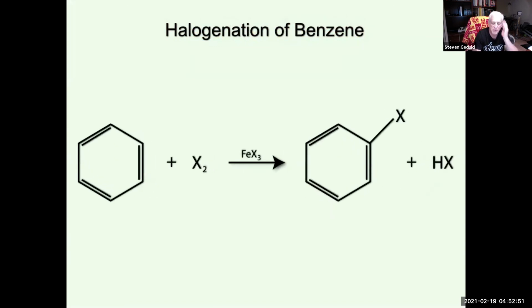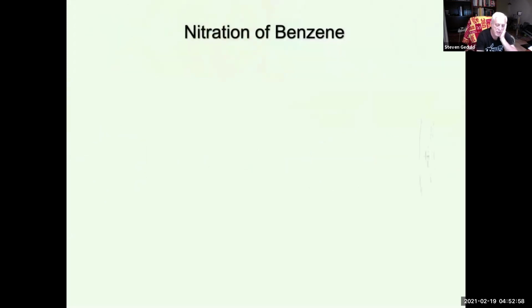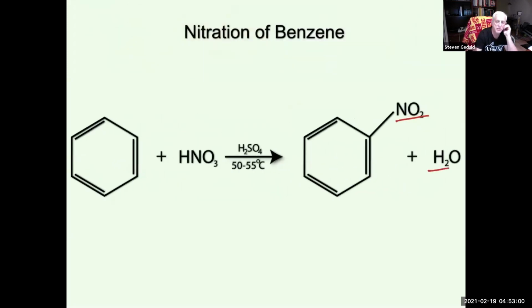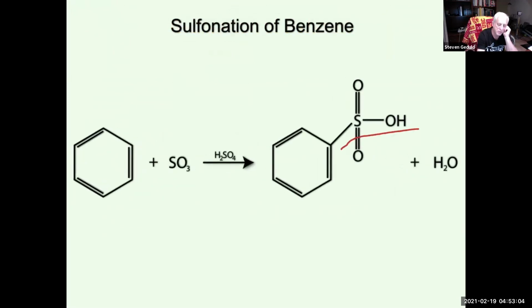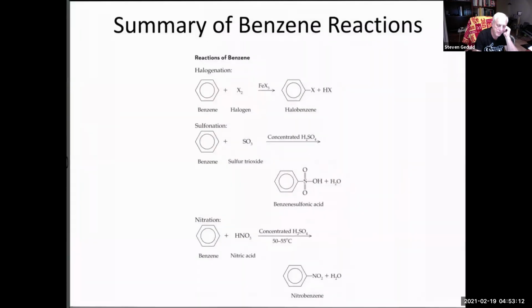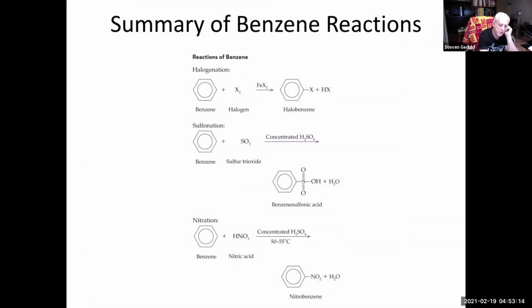And the halogenation of benzene, replace it with a halogen, generated HX. Nitration, replace it with NO2, generated H2O. And with sulfonation, HSO3, we generated water in the sulfonation of benzene. We went over the different mechanisms of each of those. Okay. And here's your benzene reactions.